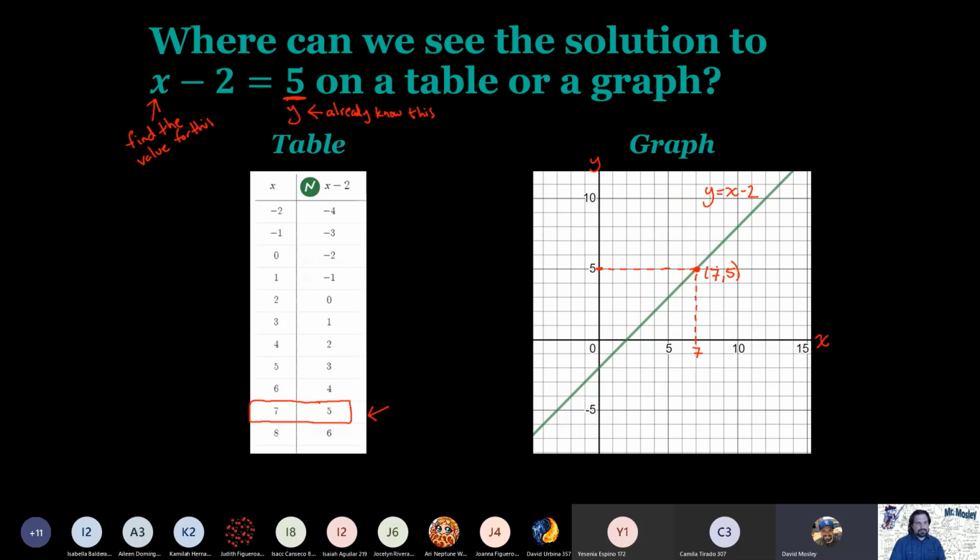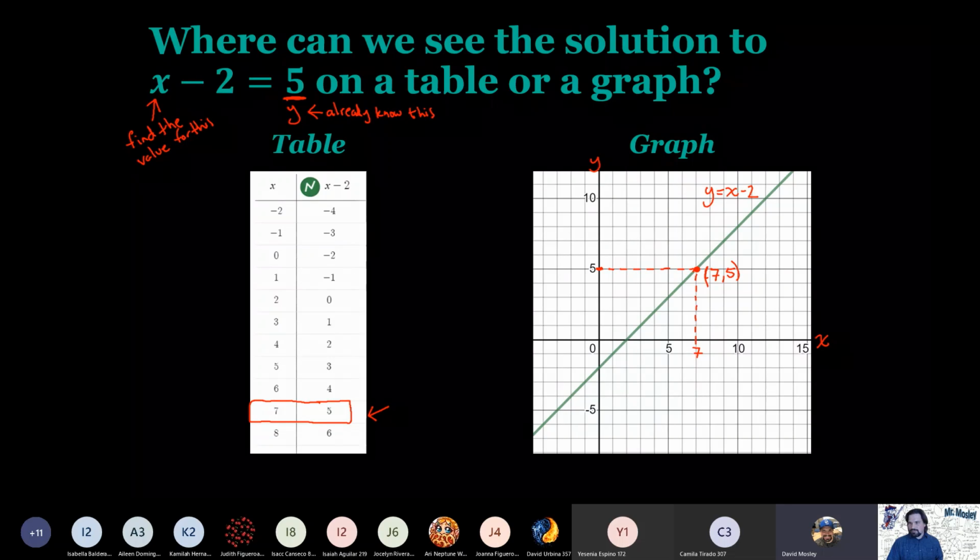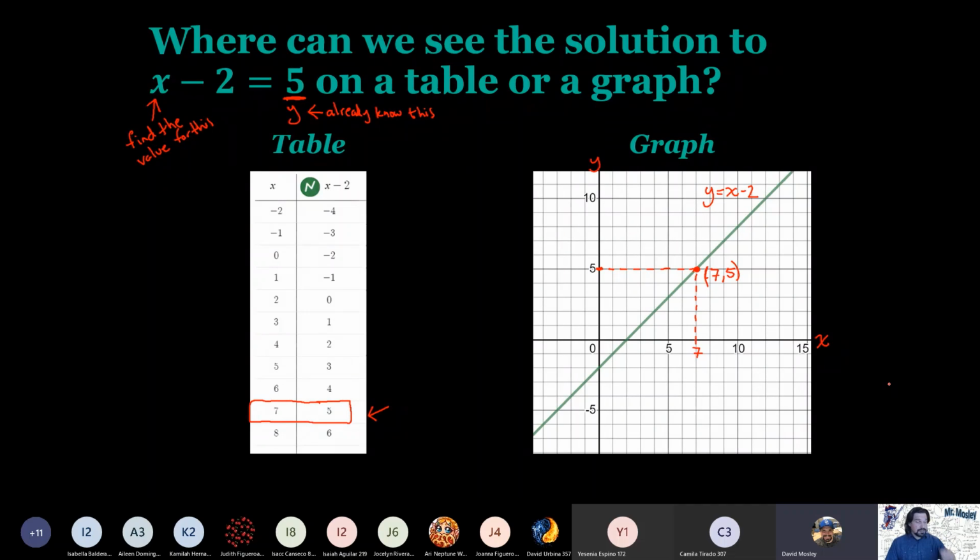All right. So that's how we can use the graph here. We start with y because I was given a y value. Right? So we find 5 on y, follow it over, hit my line, follow it down to see what x value goes along with it.